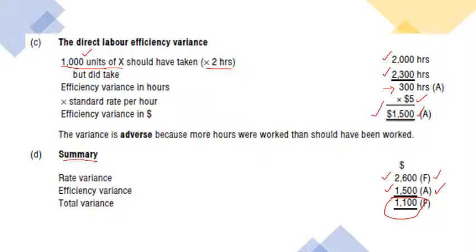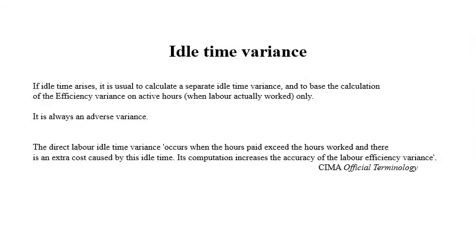So 2600 minus 1500, you get 1100, which is also favorable. In total it was favorable, but it may not be favorable because you allocated 300 hours extra. If you could have controlled your labor hours, your output could have been better than this one.